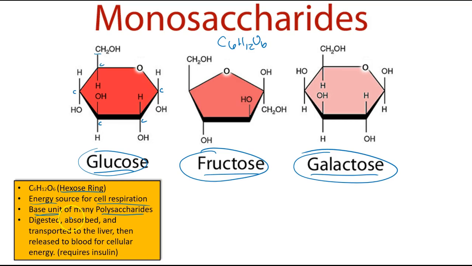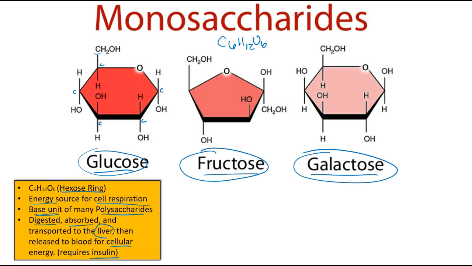As glucose is digested, absorbed, and transported, it's going to be transported to the liver, and then diffused into the blood in order for it to travel to every single one of the cells within all the tissues of your body. It's going to be the energy source for that cellular respiration pathway, and later, as we talk about in later videos, it's going to require insulin, which is a protein that helps regulate the blood sugar content.